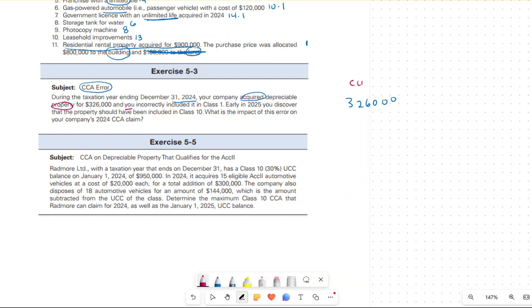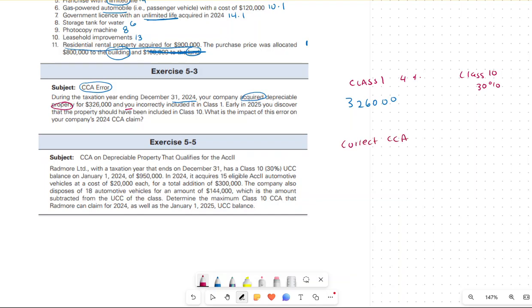So what we did is we put it in class 1, but we shouldn't have. Class 1 is 4%. We should put it in class 10, and class 10 has a CCA of 30%. So we made a mistake, and we needed to fix it. We needed to know what the correct CCA is going to be.